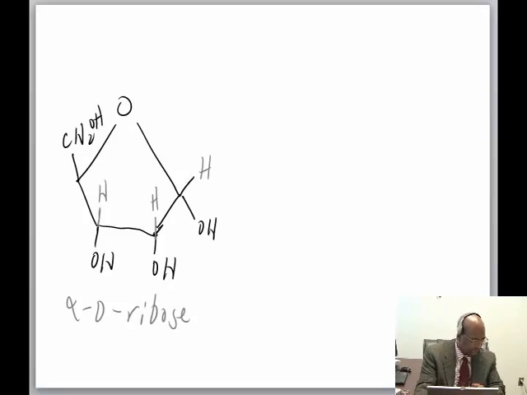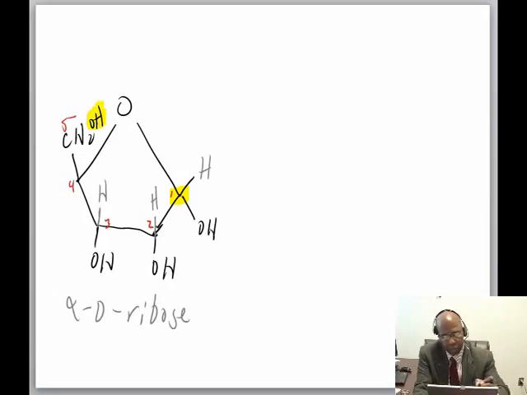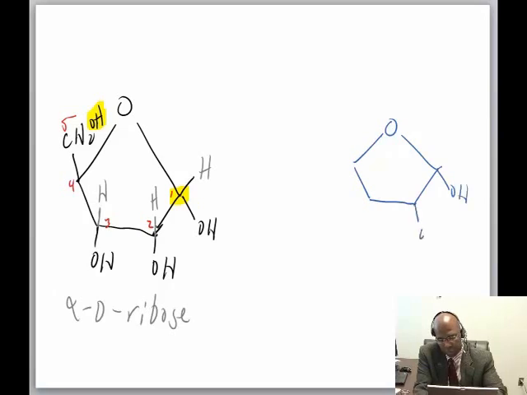Okay, and what we're going to do here, we're going to actually phosphorylate. Let's number our carbons. 1, 2, 3, 4, and 5. Here, this is our anomeric carbon, but we're going to phosphorylate carbon 5. So let us draw the phosphorylated form of ribose. So really when it's alpha, everything is down.